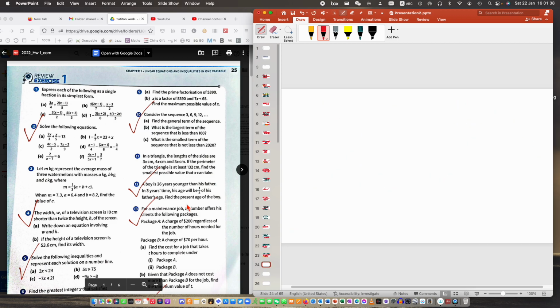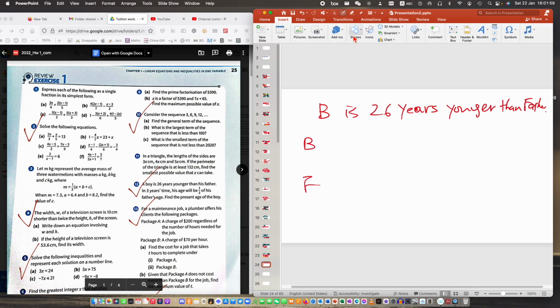Okay, so question 12 is also easy. A boy is 26 years younger than his father. So same thing, give yourself boy and father. If you don't understand, you can always use a line.